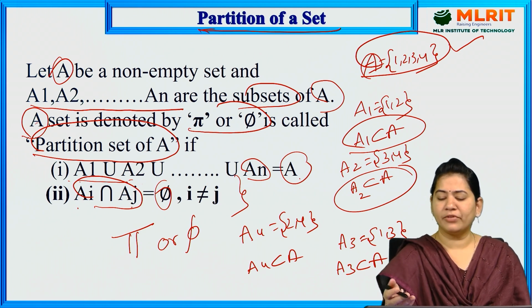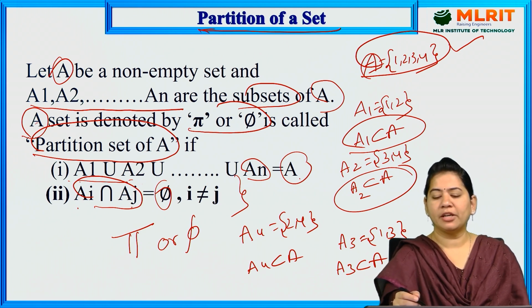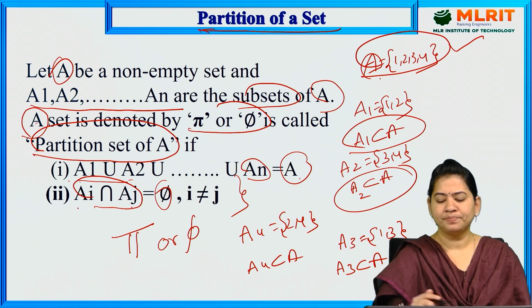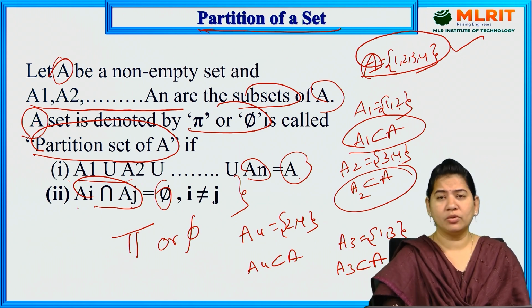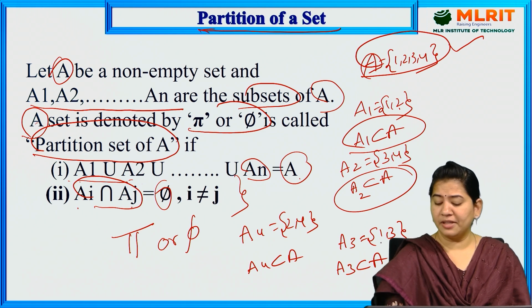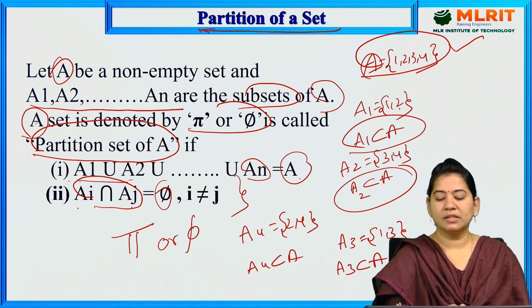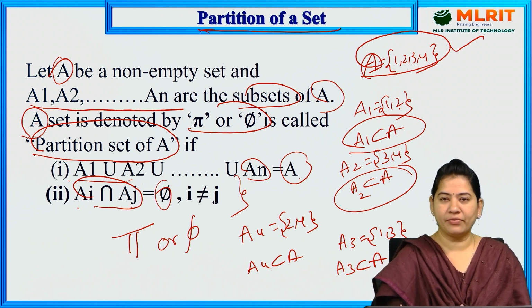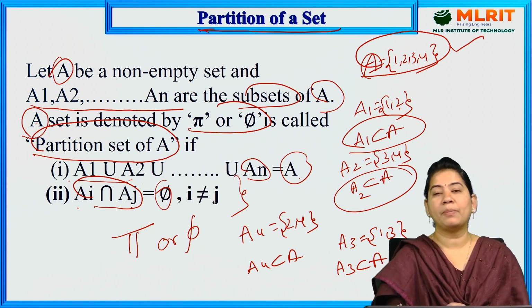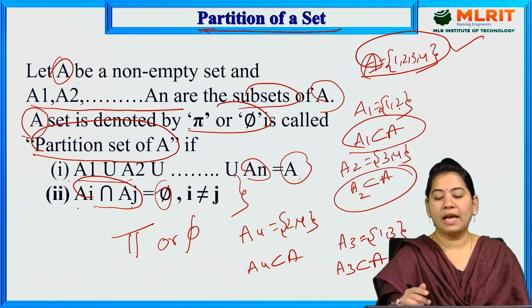So let us check the same example. Here I have taken A equal to 1, 2, 3, 4. And I have considered A1 equal to 1, 2, A2 equal to 3, 4, A3 equal to 1, 3, and A4 equal to 2, 4. See, these are all subsets of A. Now, let us consider which two subsets, if I apply the union between them, give the original set.